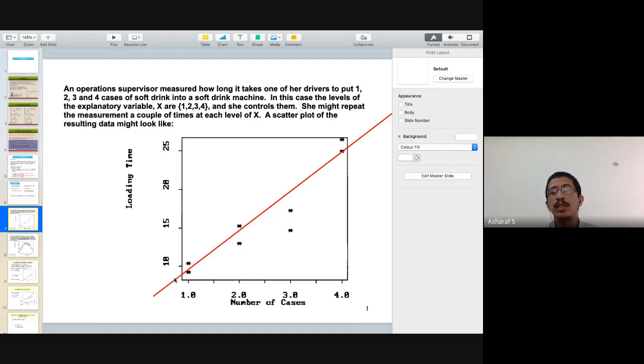So what you can do is represent such a relationship by approximating it to a line. You can say that the relationship between the independent variable, number of cases, and the dependent variable, loading time, is more of a linear relationship. You can see that it's not exactly true here, but that's one way of looking at it.